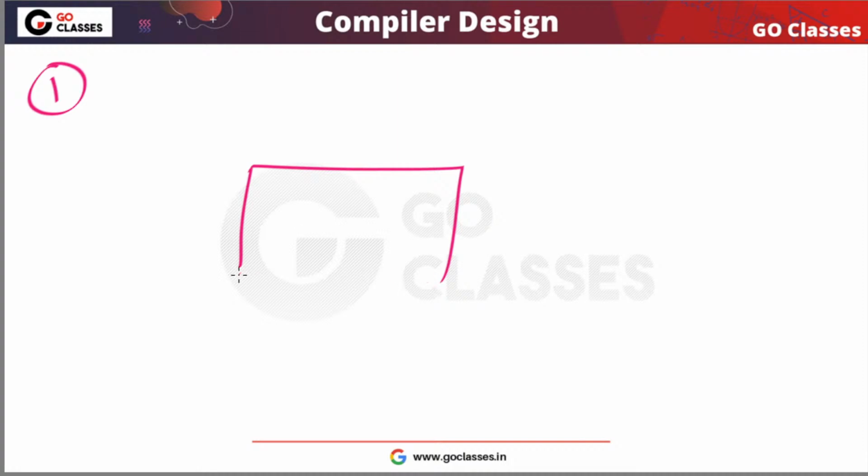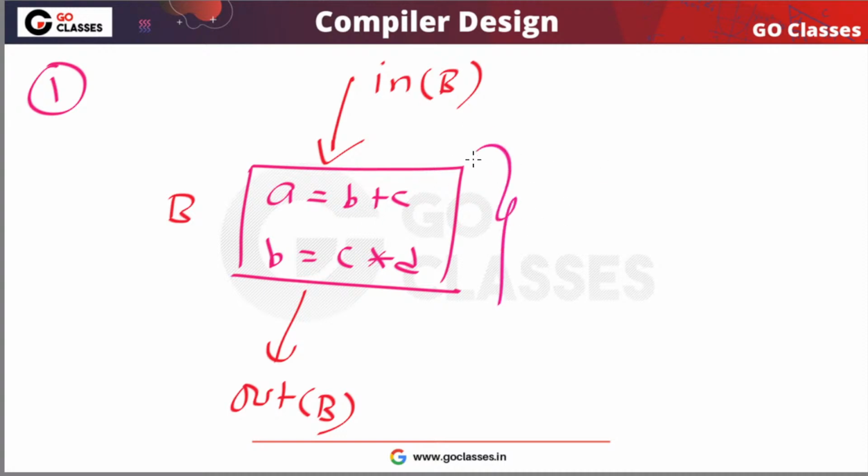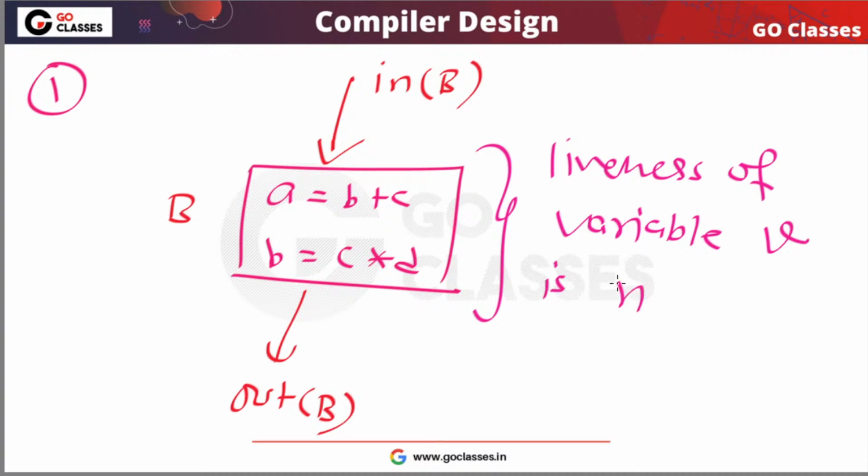You have a basic block: B equal to C cross D. I can call it in of B and out of B. Because of this basic block, the liveness of variable V is not affected.